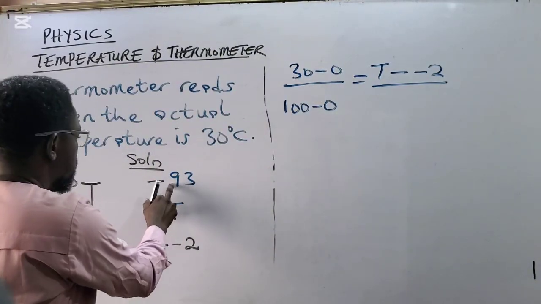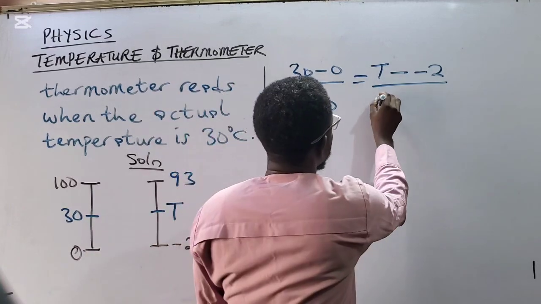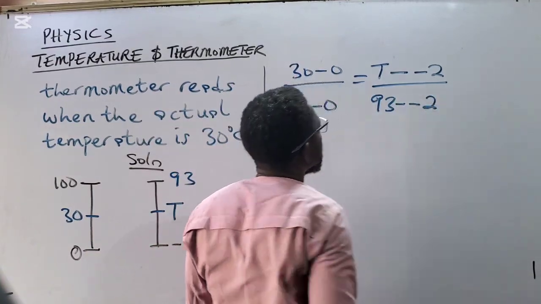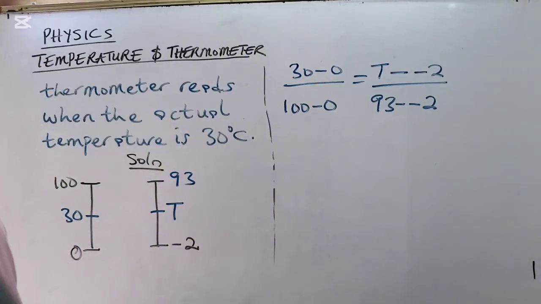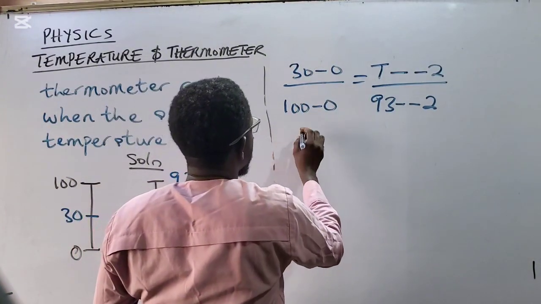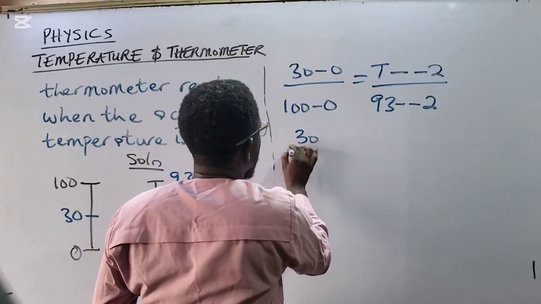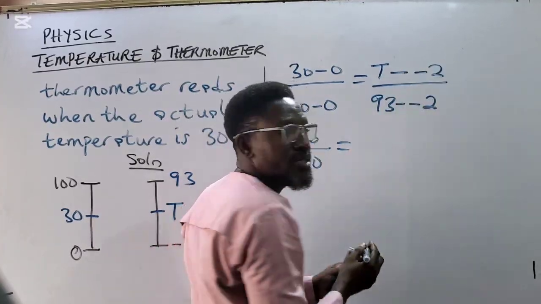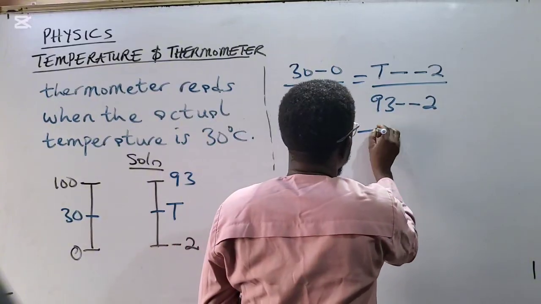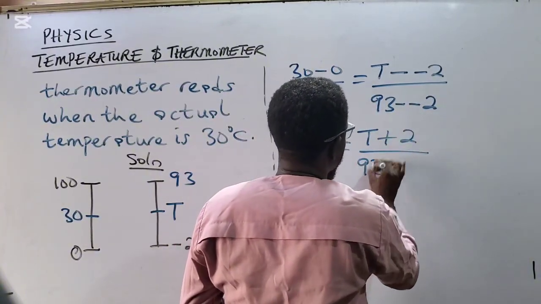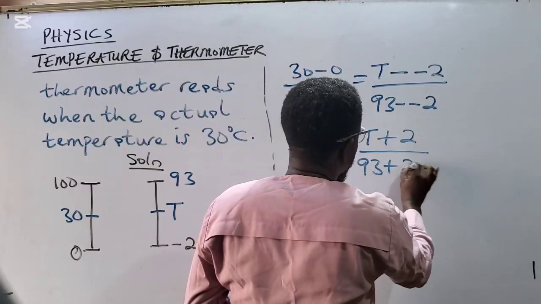Then here we get 93 minus minus 2. Now, for that, this one is 30 all over 100 equals, minus times minus gives us plus, then we get 93 minus minus gives us plus.